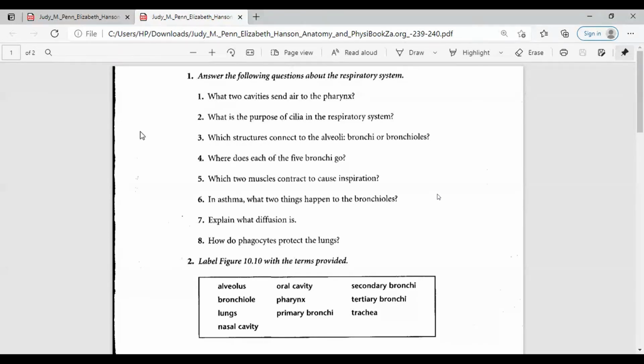When you breathe in oxygen, you still remember we breathe in oxygen. The pulmonary veins will carry the poorly oxygenated blood inside the capillaries.